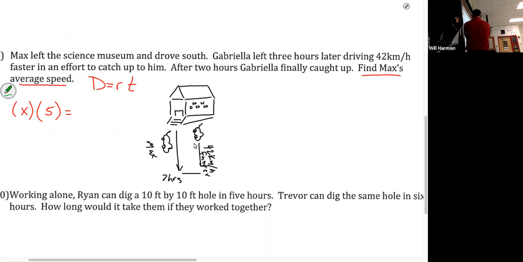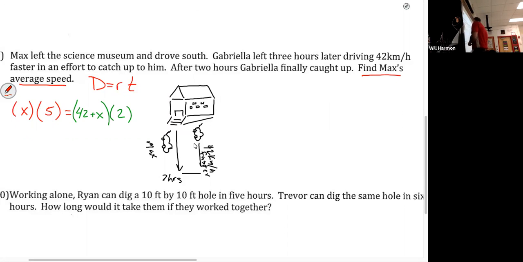How long has Gabriella been driving? 2. How fast is Gabriella driving? Well, Gabriella is driving 42 kilometers faster.